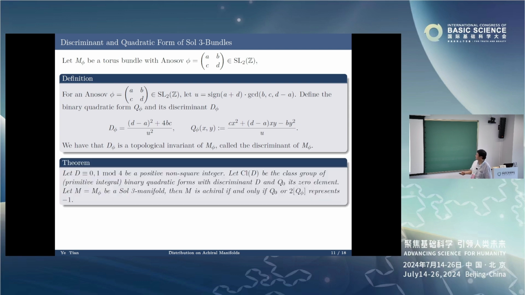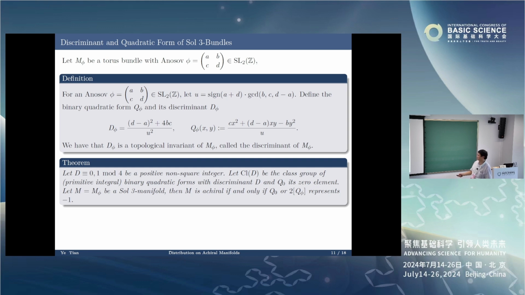Okay, now the key observation is Gauss's addition law among binary quadratic forms. So let D be a positive integer discriminant, and let this be the class group of discriminant D, and the zero element is the principal form.